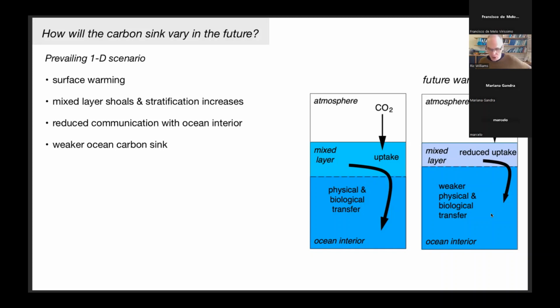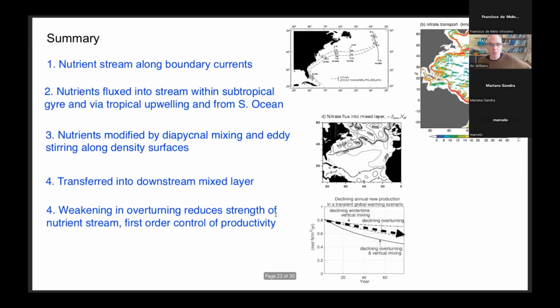But from what I've shown you, there are other processes also occurring. So certainly, there's the possibility of the carbon sink instead weakening from the overturning circulation and the strength of these nutrient streams weakening.